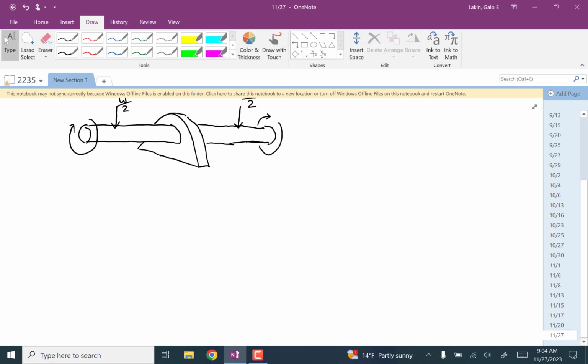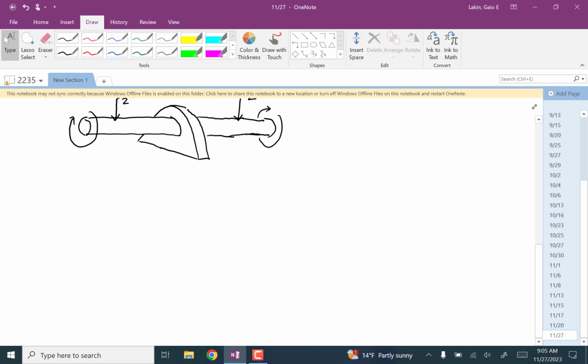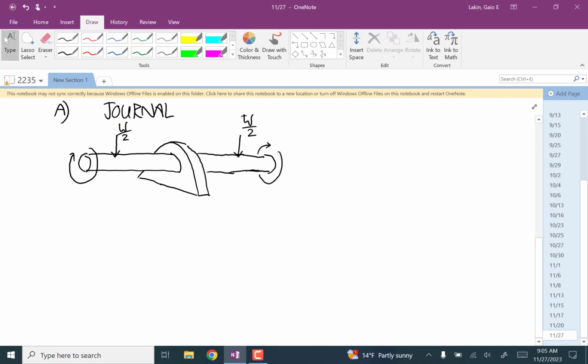If this thing's upside down, you can imagine that the weight is actually being applied by the ground force acting on the wheels. And then the second one is a thrust bearing.